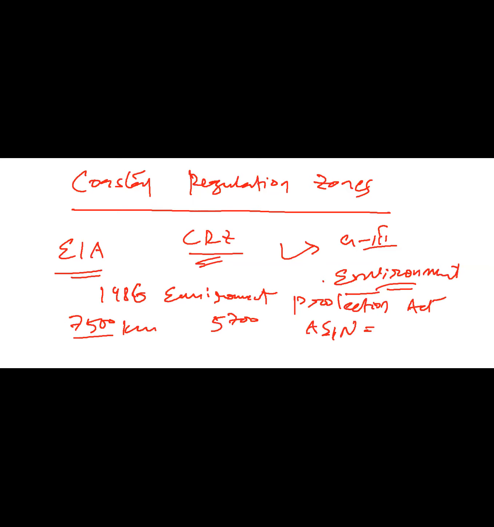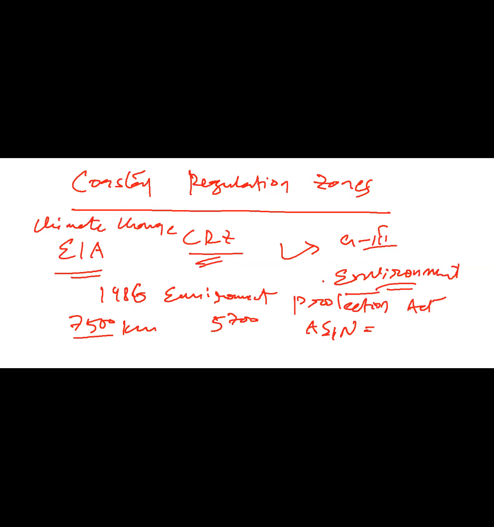If any natural calamity happens, especially cyclones, tsunamis, or in the coming future, unfortunately, climate change, the coastal areas are the biggest sufferers.